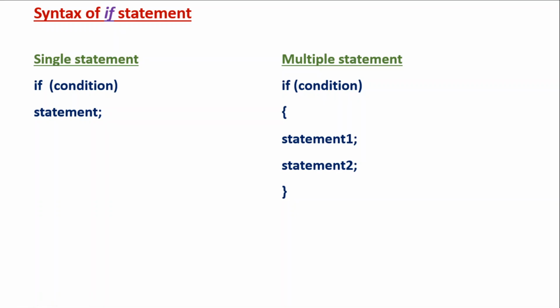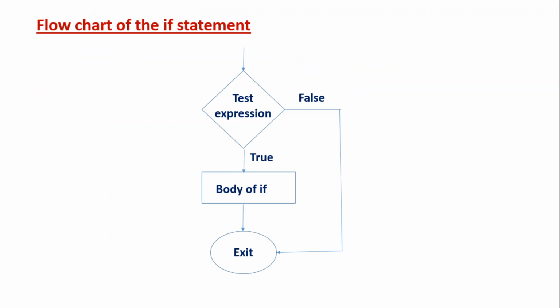Now we'll see how it works. It can be easily analyzed using a flowchart. You have the test expression, which decides whether it is true or false, whether the condition is satisfied or not. If it is true, then it goes to the statements, that is the body of the if, and then we can exit.